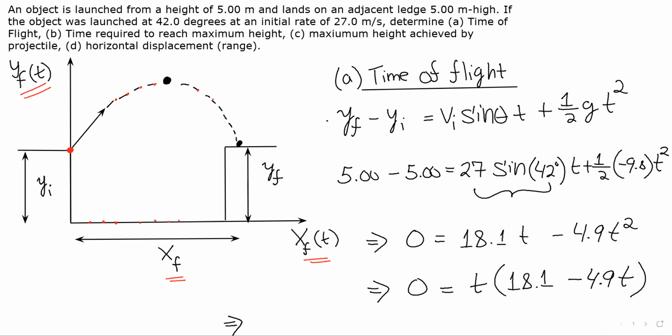Instead, use the zero product rule. If both of these factors are multiplied to equal 0, then it must be the case that the first term equals 0, or the quantity in parentheses equals 0.